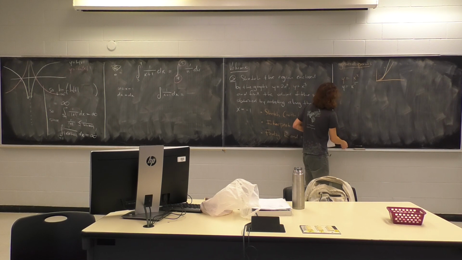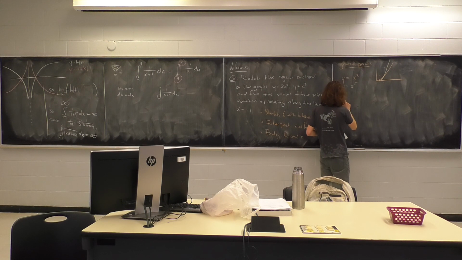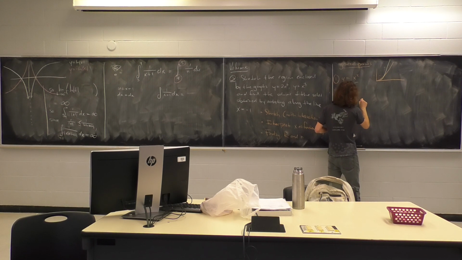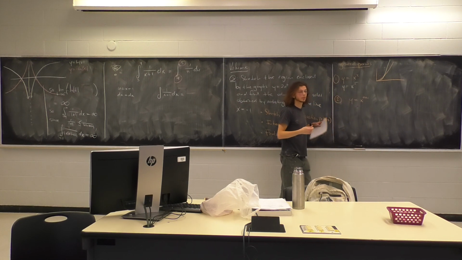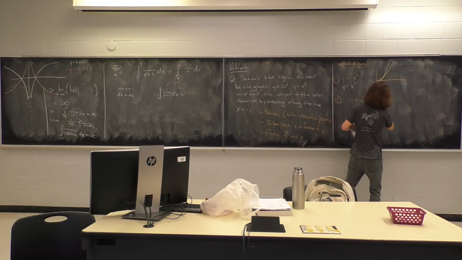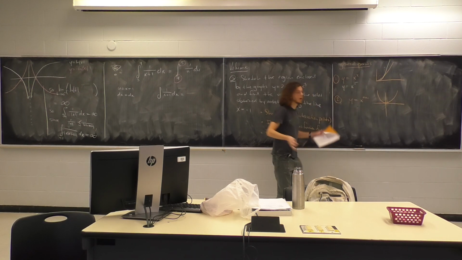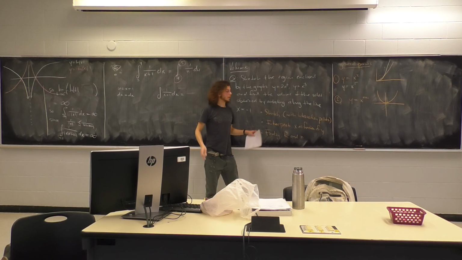That's one point I want to make. These are general guidelines for sketching. If you have y equals x to an even power, so x to the 2, x to the 4, x to the 6, it will look globally something like this, so up on both sides.